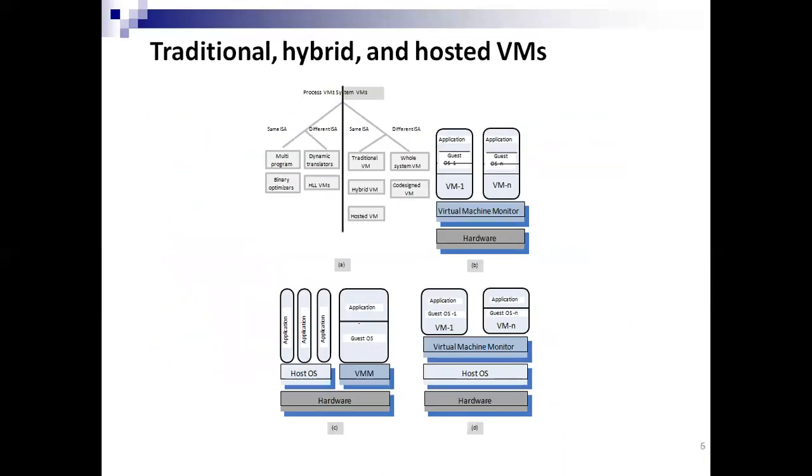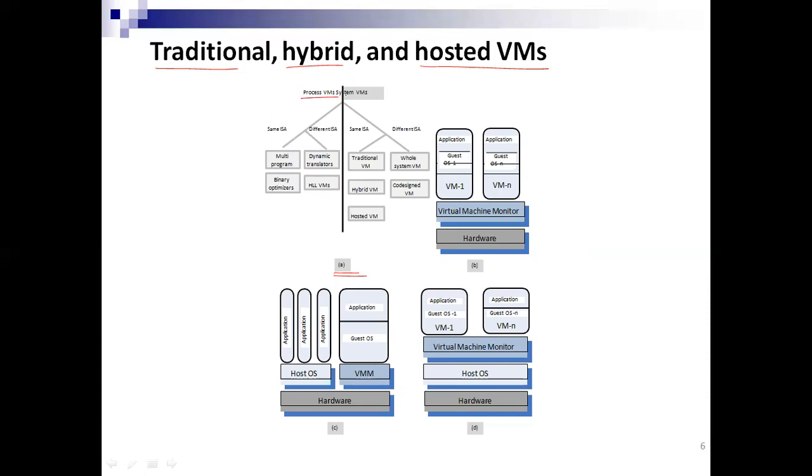Here we have the pictorial representation of traditional, hybrid, and hosted virtual machine. Look at figure A. Here we have a taxonomy of process virtual machine and system virtual machine.